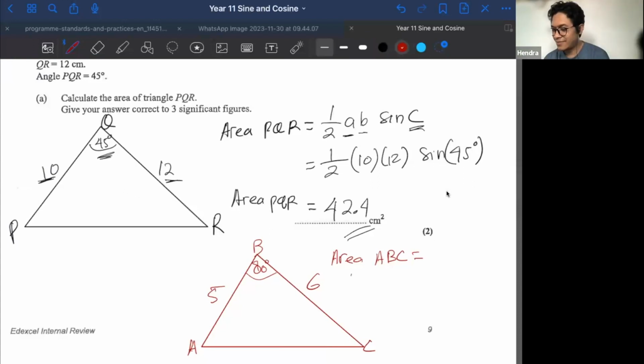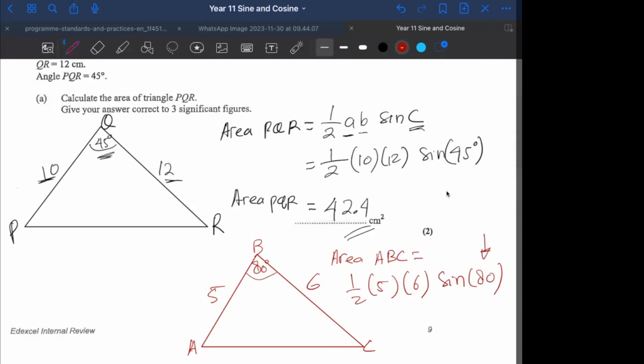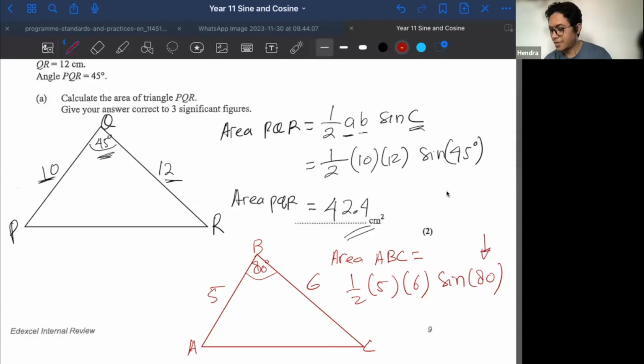So 1/2 times 5 times 6 sine 80. I think the way you put the bracket, the 80 has to be inside the bracket. Yeah. What do you get?